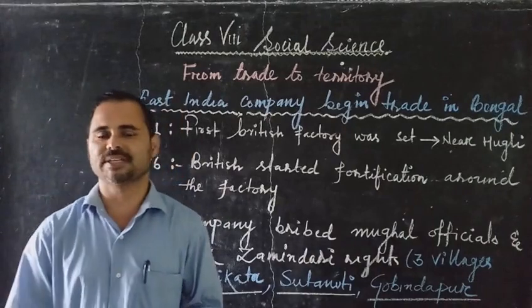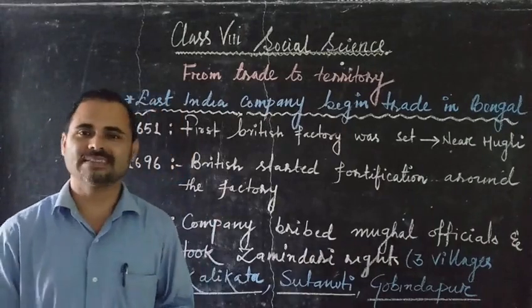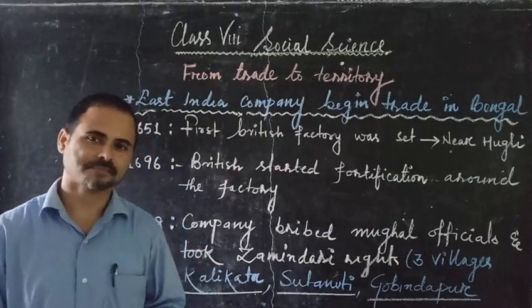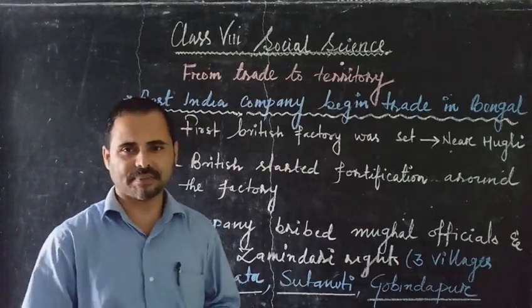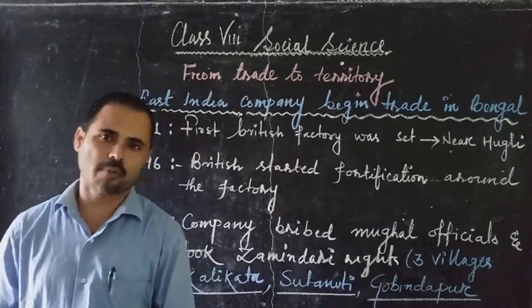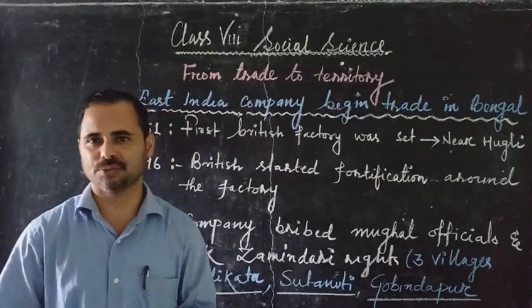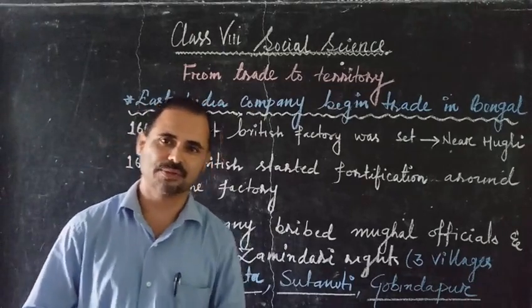Now, when the news of the capture of the Qasim Bazar company by the Nawab reached the Madras Presidency, in 1757, Robert Clive sent a reinforcement fleet to the company in Bengal.